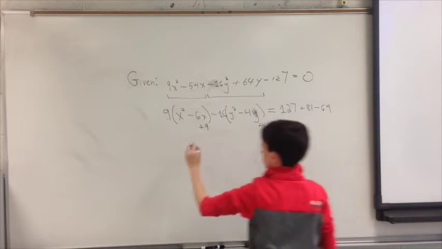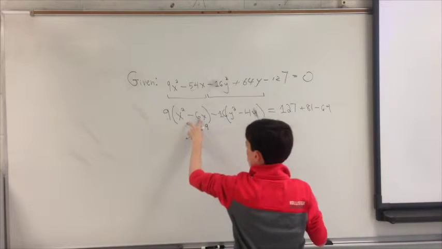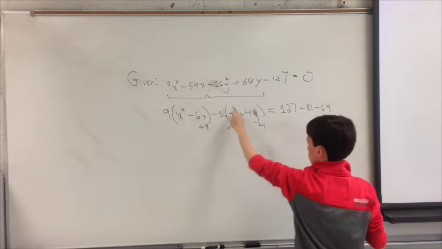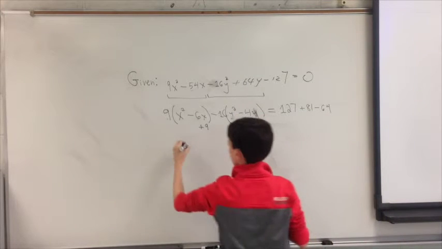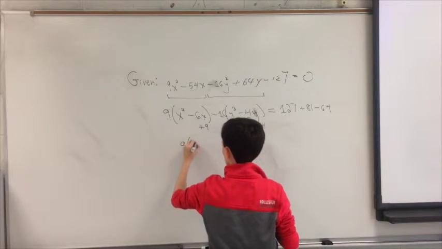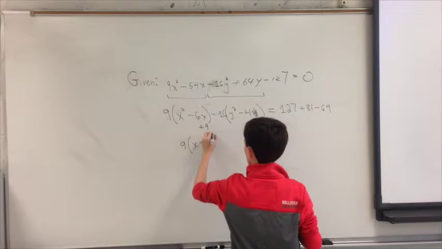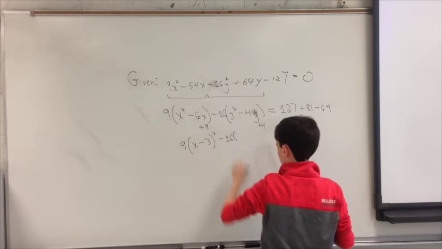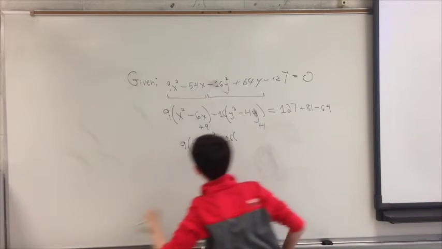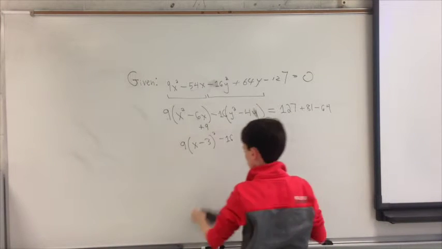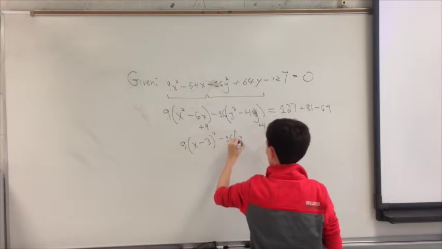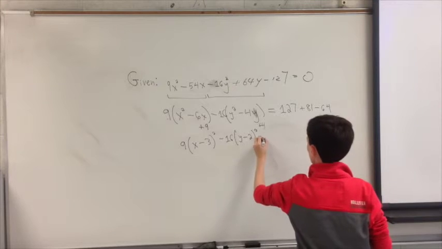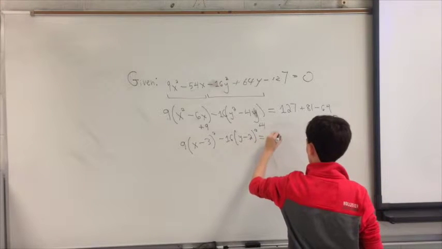So now when you rewrite this equation, this simplifies to x minus 3 squared, and this simplifies to y minus 2 squared. So what that would look like is 9 times x minus 3 squared minus 16 times y minus 2 squared equals 144.